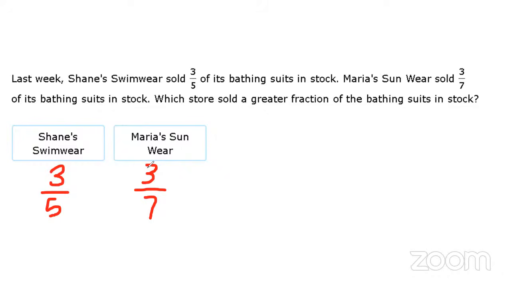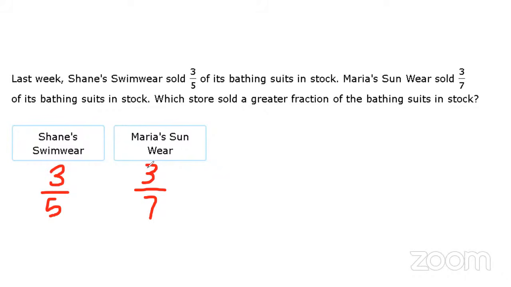So I'm going to allow you guys to share the answer. Is it Shane's swimwear who sold the greater fraction of bathing suits in stock, or is it Maria's sunwear? And I want you to tell me why in the chat. All right, why did you choose Shane, or why did you choose Maria's sunwear? Tell me why. There is a basic principle or rule when you're comparing fractions that looks like this.